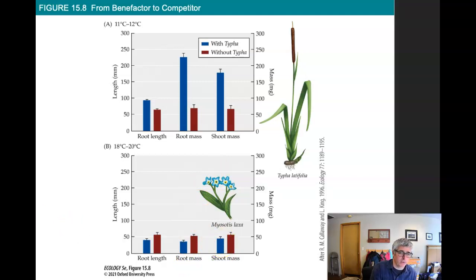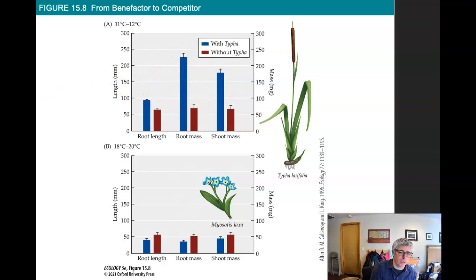So the forget-me-not does better when it's grown with cattails at cooler temperatures, and the forget-me-not does worse when it's grown with cattails at warmer temperatures. And so at high temperatures, the cattail decreases the growth and has a negative impact. And when temperatures are lower, the cattail has a benefit.